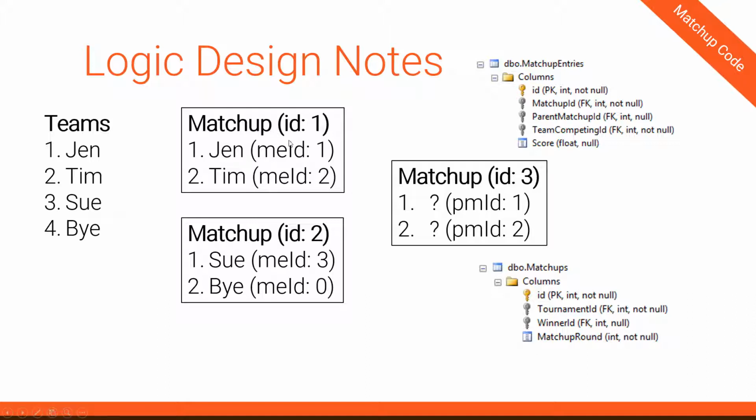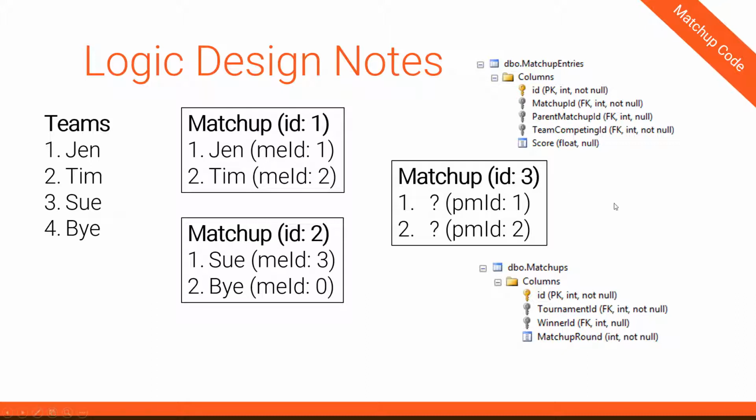That means we can capture this entire pyramid. It's really a pyramid outside. But this pyramid here, even if it's even larger, where if we had 16 teams or 32 teams or 64 teams, we could capture all the different rounds. Remember, each matchup gets a round number, so we know which round it's in.